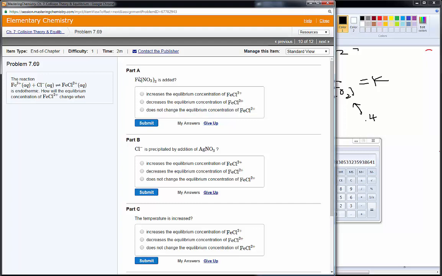You can just ignore the nitrate, but note that this is in fact an iron plus 3 ion, as evidenced by the fact that nitrate has a -1 charge and there are 3 of them. So I'm adding this to the solution if I add iron 3 nitrate. So if I add a reactant, then I'm going to get more products. So it's going to increase the equilibrium concentration of that product there.